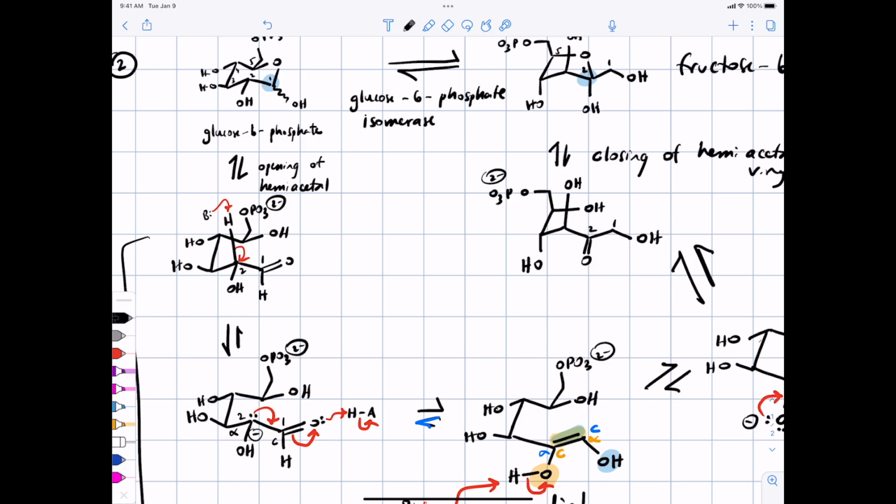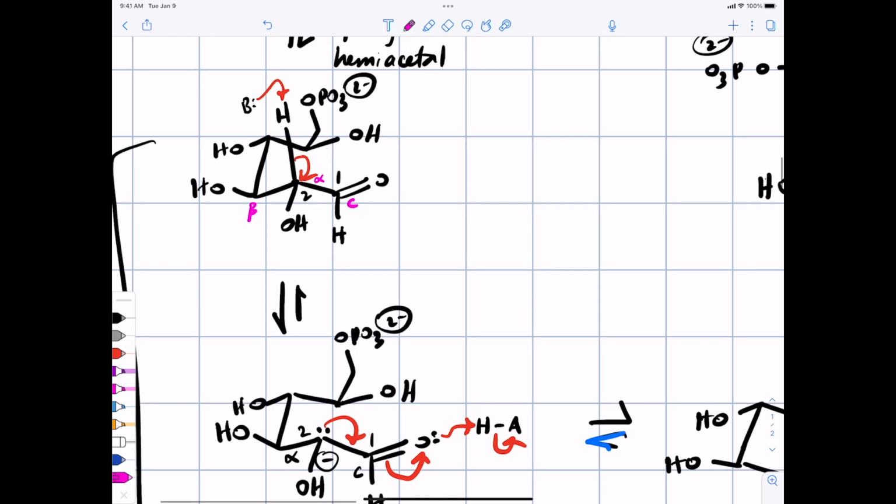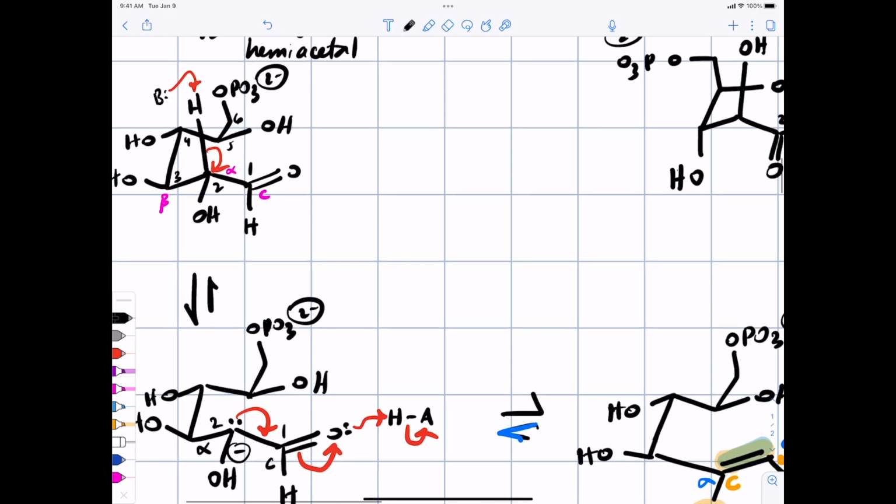A beta hydroxy carbonyl compound. Is there one in glucose? Is glucose a beta hydroxy carbonyl compound? Sure, it's carbonyl carbon, alpha carbon, beta carbon. How about fructose?